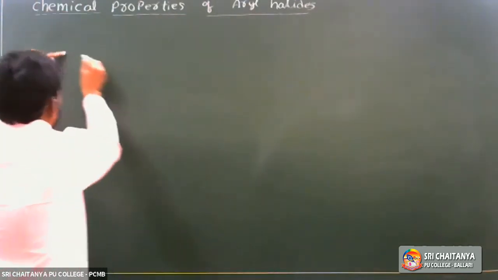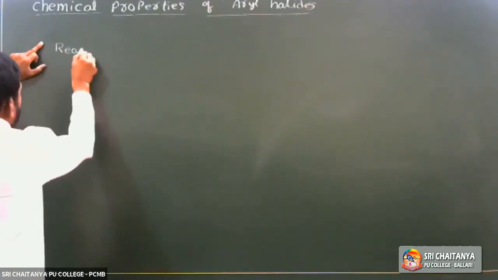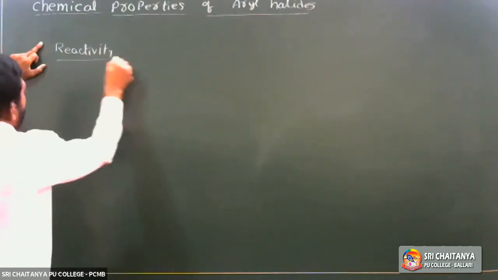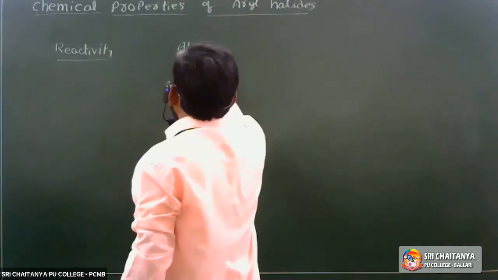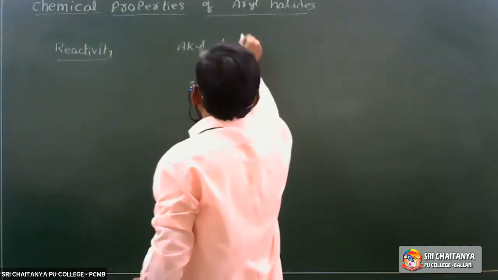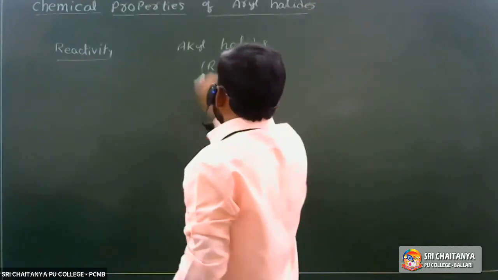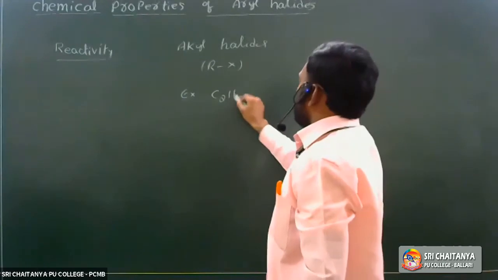Now, reactivity. Alkyl halides means RX, for example ethyl chloride, C2H5Cl.